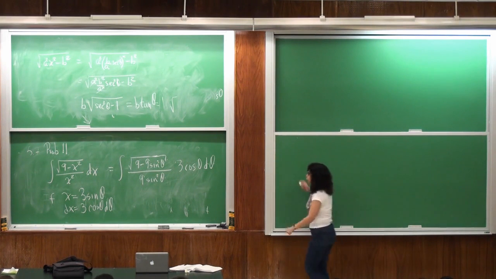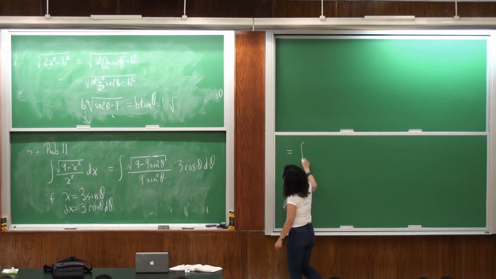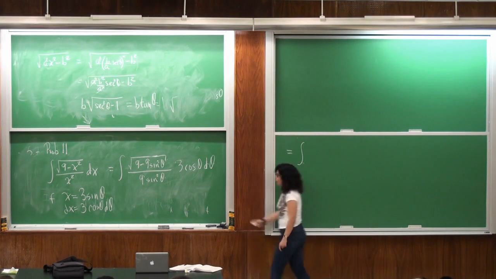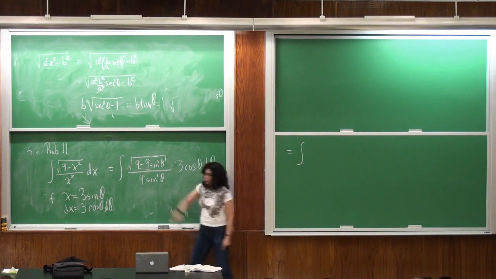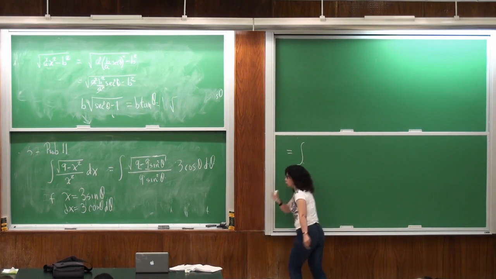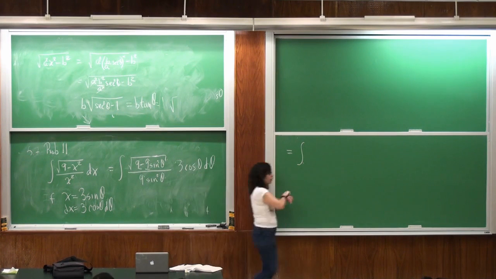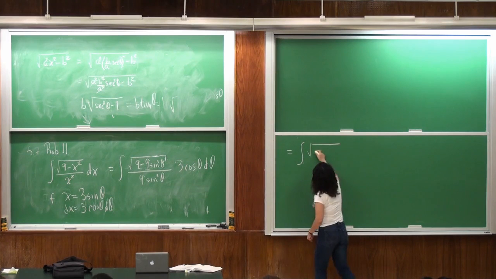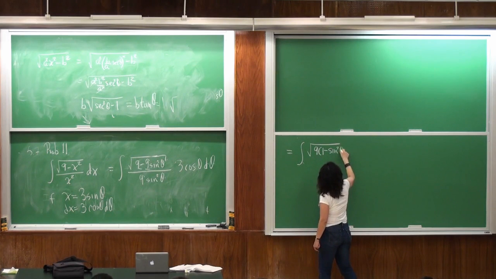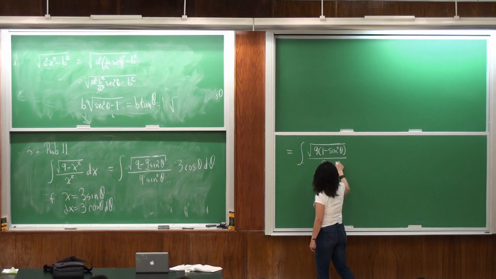Okay, so now, what do I know now? Okay, so what I know is that I can factor out the 9, as I promised you. That's why I made a change of coordinates, because I want to be able to factor out the 9. So this is going to be a square root of 9 times 1 minus sine squared of theta over 9 sine squared of theta.